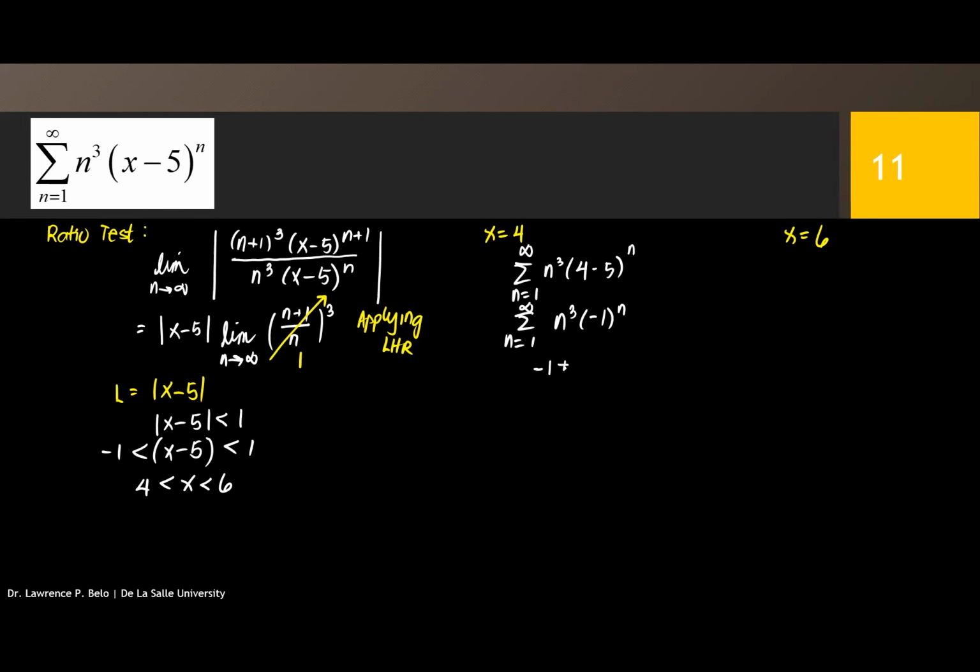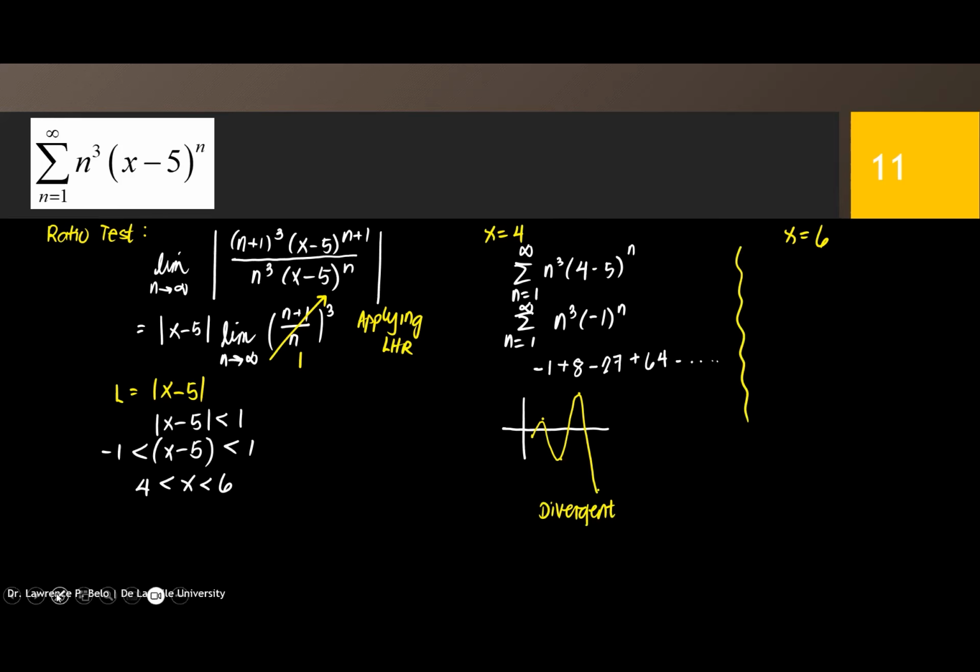So since this is a summation, plus 8. When n is equal to 3, negative 27. And then you'll notice the sign alternates, positive 64, minus, and so on. When we try graphing this one, it starts out as negative 1, positive 8, negative 27, positive 64. It is divergent when x is equal to 4.